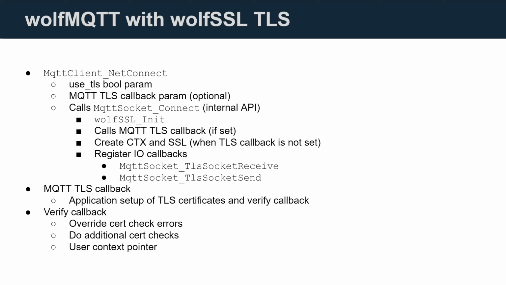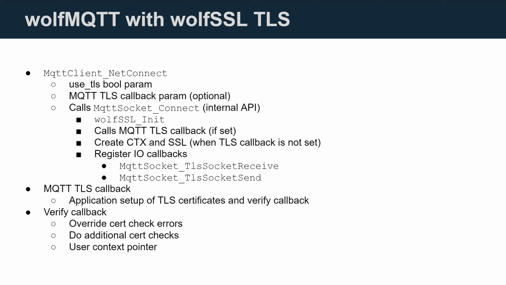A bit more about the MQTT TLS callback. It's used to set up application-specific certificates or settings for the TLS connection. Here you could set up OCSP, mutual authentication, specify cryptographic algorithms, or any of the fine-tuning enabled with wolfSSL.